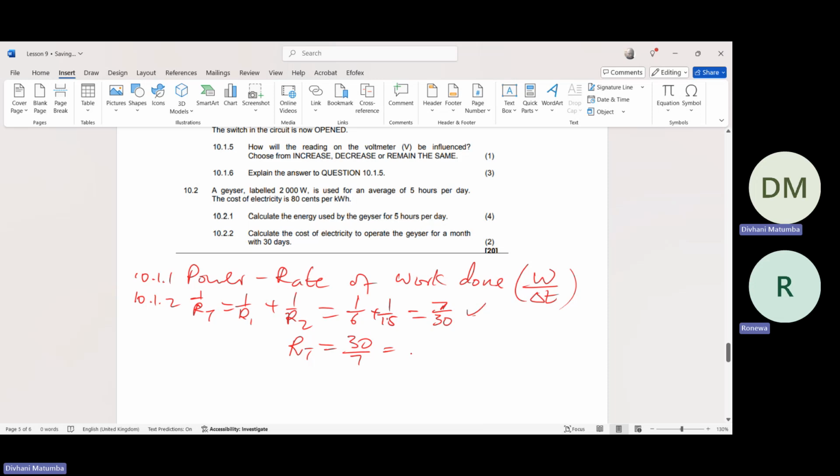How many decimal places do you want it? Only one, for a resistor. Okay, so that's going to be 4.3, and the units? Ohms. Yes.